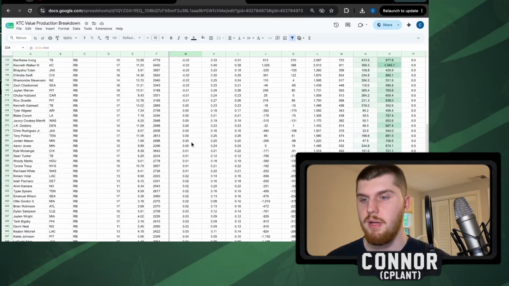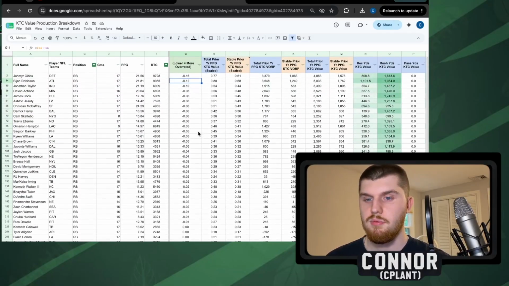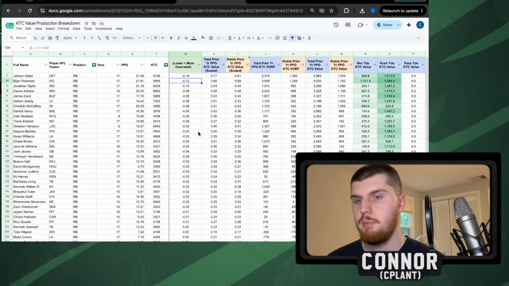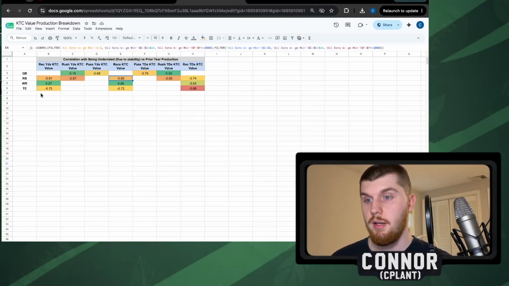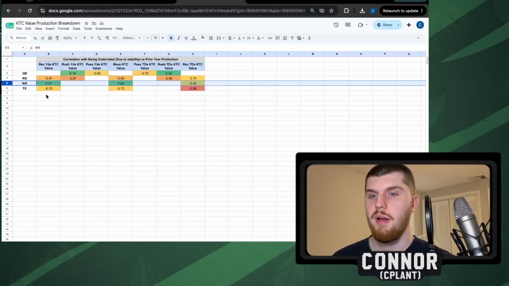The valuation difference is really small generally. So I don't really know what to make of this. Maybe they are overvalued, maybe they're appropriately priced. I think it's a little dangerous to say a whole position group is over or undervalued. Like I said, wide receiver is probably undervalued based on this research, but I think this is ultimately inconclusive.